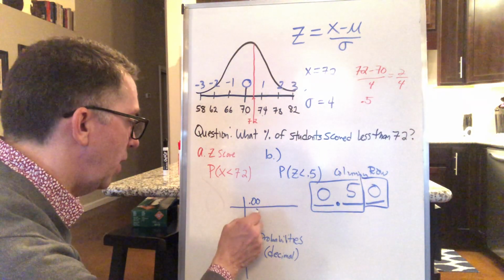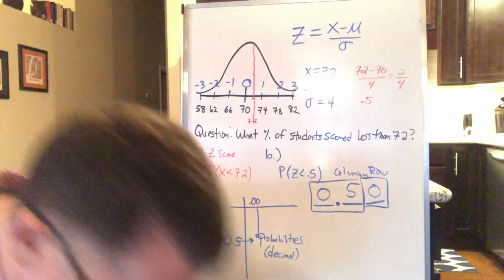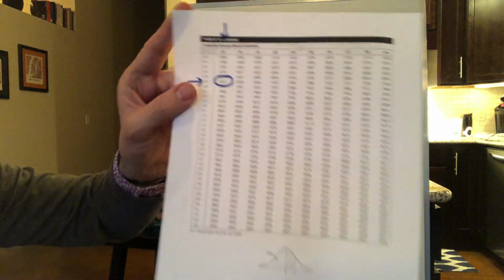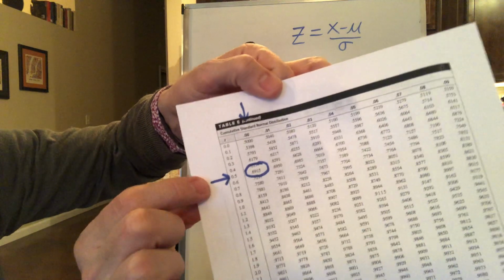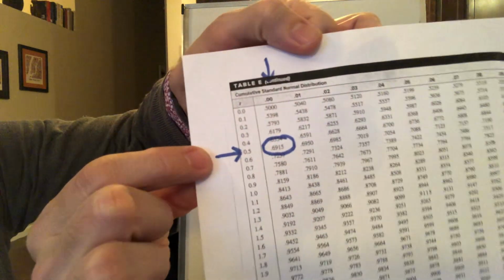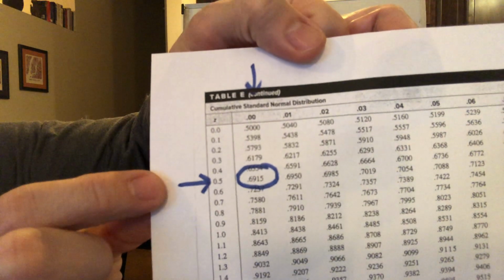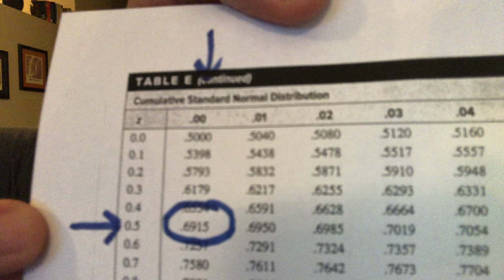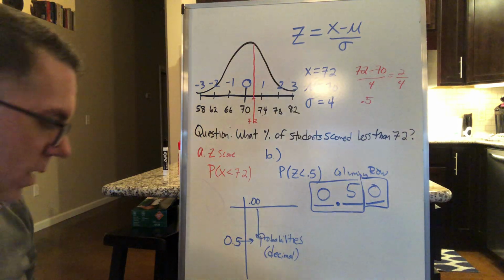So I find that on my sheet. We're going to go across and go down. And let me grab that here. Let's see if I can get that up here for you to see. I found it this way. Here we go. So we have our 0.5 right here. Then on the top I have 0.00. Hey, can you see that? There you go. And that's my probability.